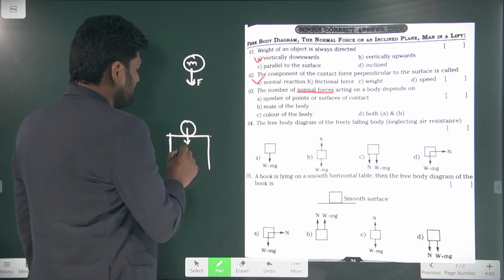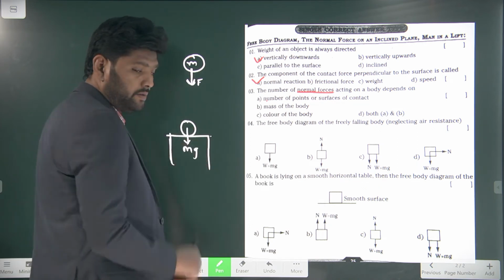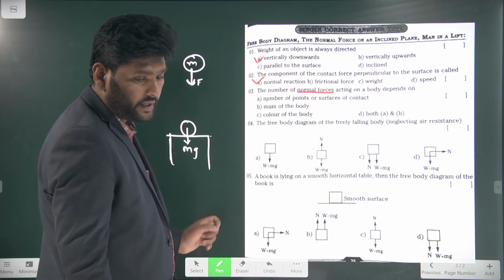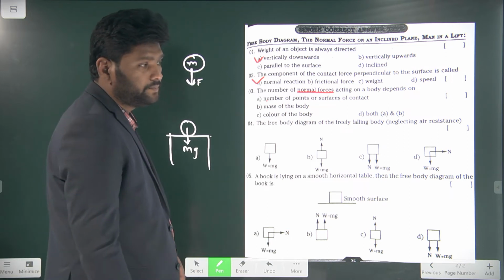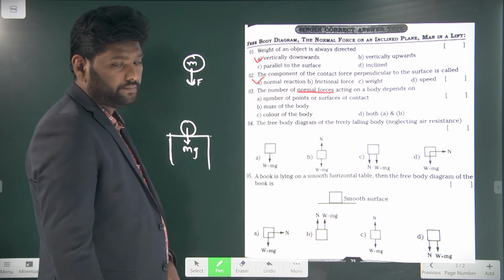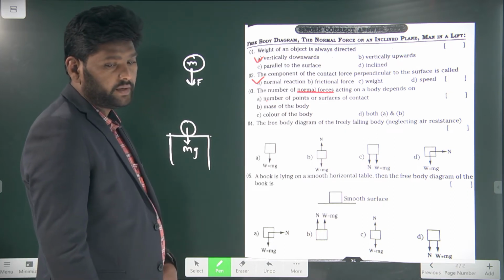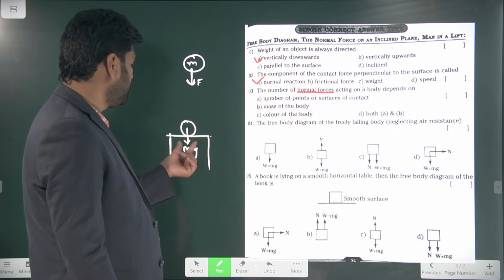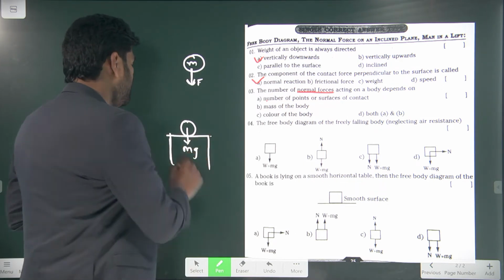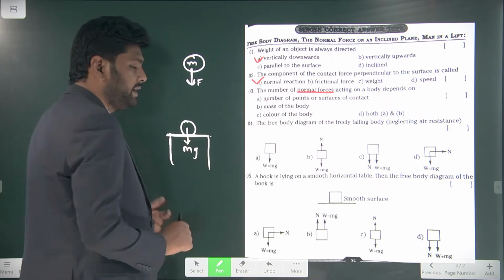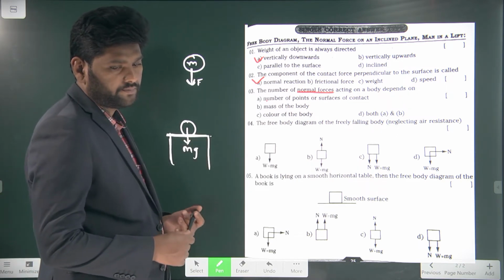mg will act in the downward direction, but when mg is acting downward, is the body moving downward? Why is the body not moving downward? Because the surface is applying some force.